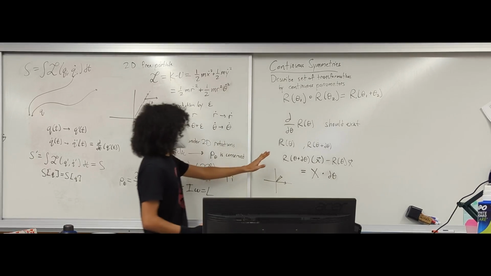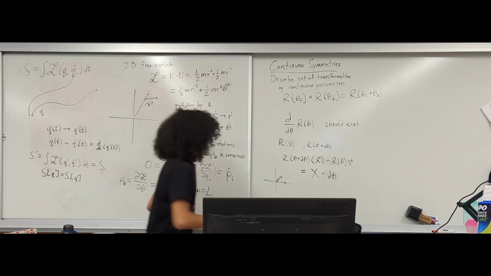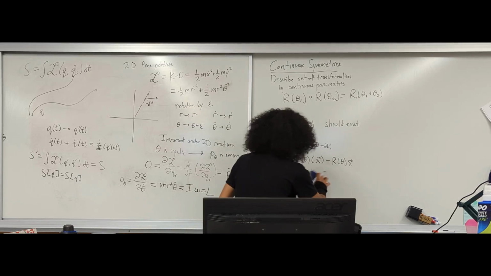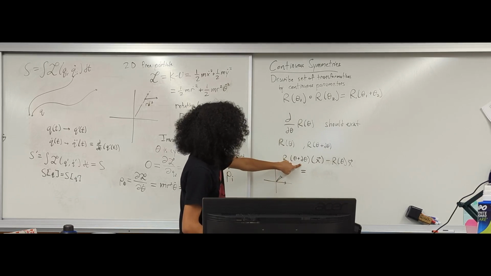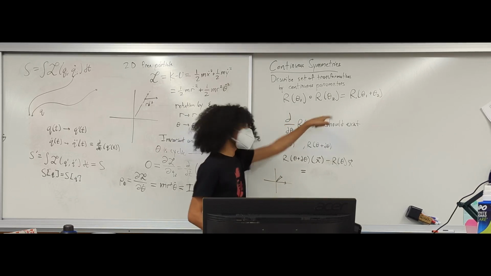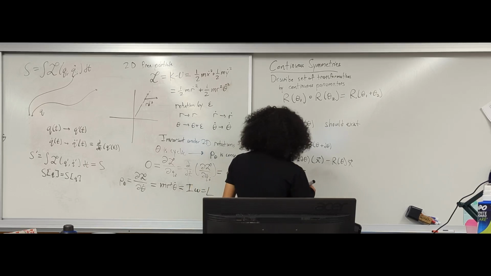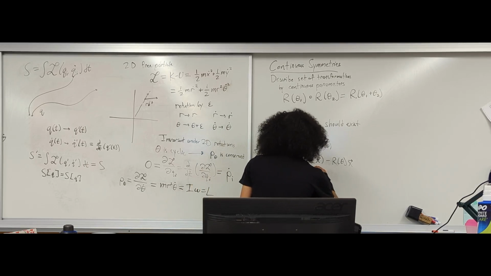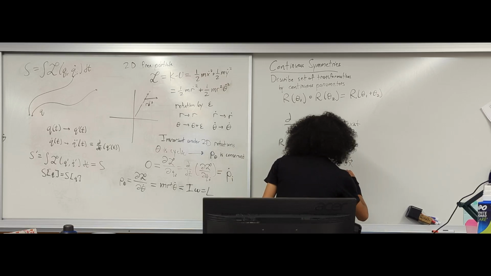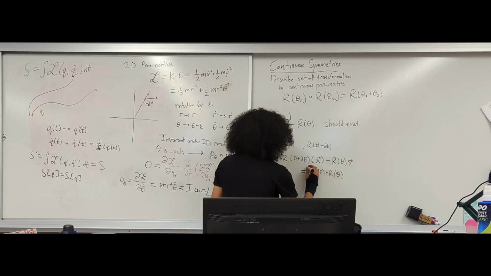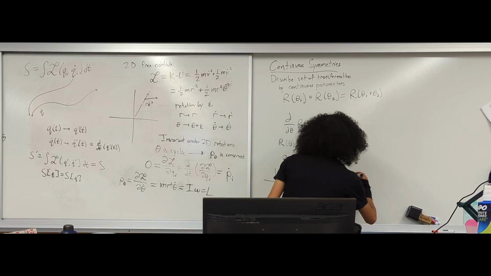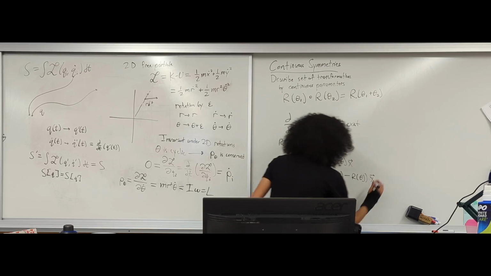Regardless, the idea here is that, first of all, I can do a bit more with this. I said this is true, right? So this R of theta plus d theta is R of d theta, and we compose that with R of theta, and we're subtracting R of theta, and this all acts on x, right?